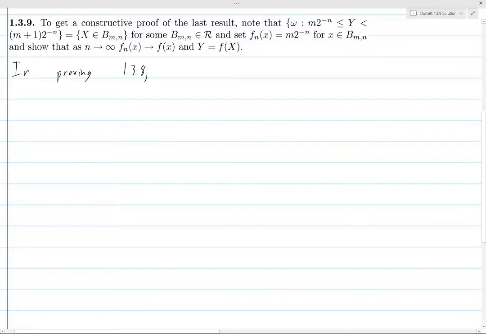Yeah, so in proving 1.3.8, you can look back at I have a solution as well on here. So given x and y, so these are going to be random variables going from a measure space omega into R. We assume y is measurable with respect to sigma x R. And remember, sigma x is just here, so I'll write it like this.